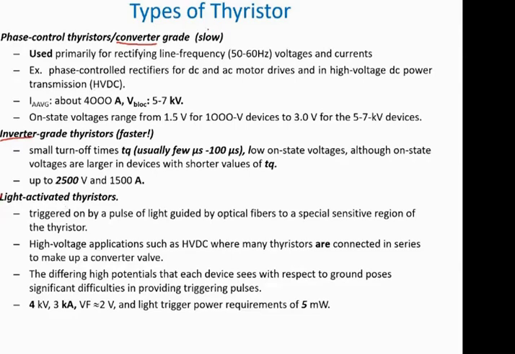Converter grade thyristors are generally slow in nature, so you apply them in line frequency applications, 50 to 60 Hertz. If you want a faster thyristor, then you go with an inverter grade thyristor, which can turn off faster as compared to the converter grade. But of course, this time is typically much higher than the time required for a MOSFET or IGBT to turn on and off.